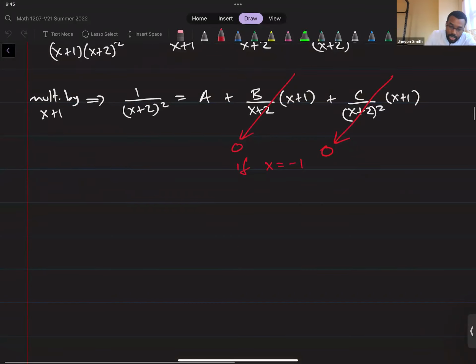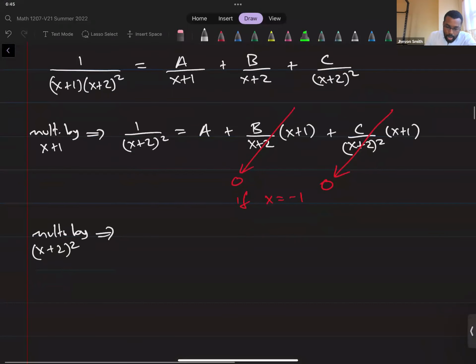Now I can solve for the C by multiplying by the x plus 2 all squared. Then I would have 1 over x plus 1.